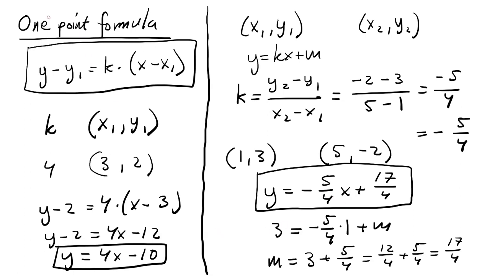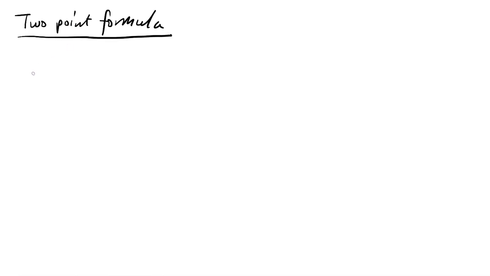Then there is also a 2-point formula, similar to this, one can use in this case. Here I have 2 points. There is also a 2-point formula, so let's look at that. So if you have the 2-point formula for linear functions, then the formula is this.